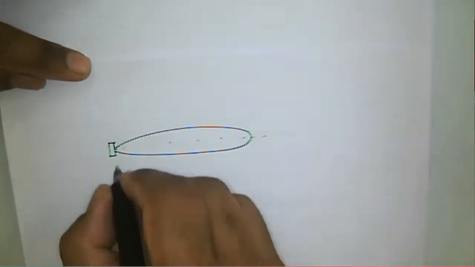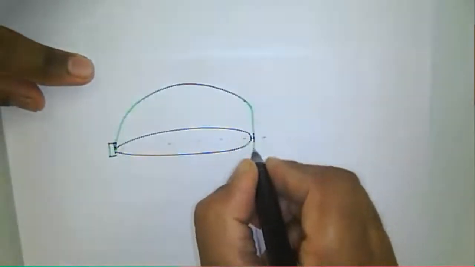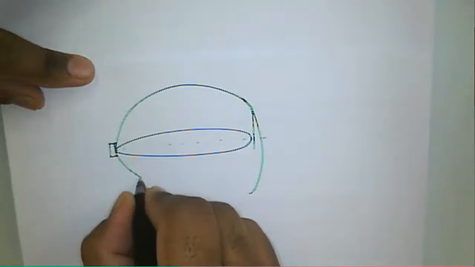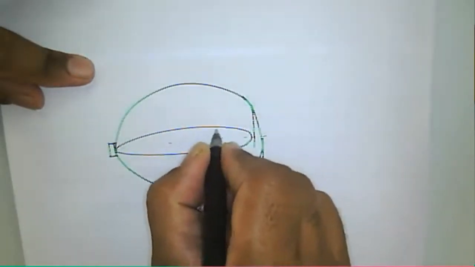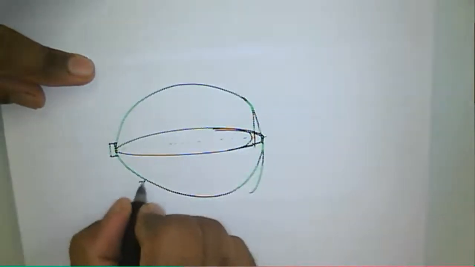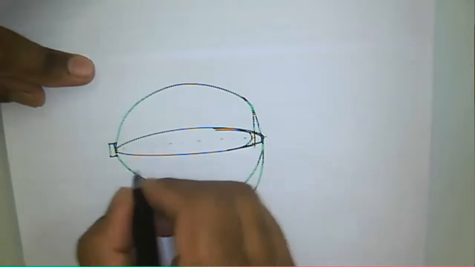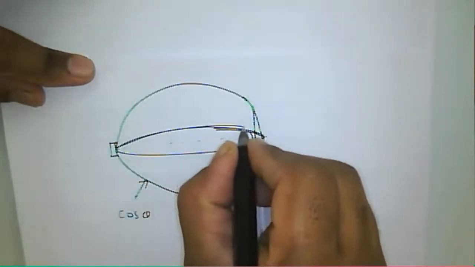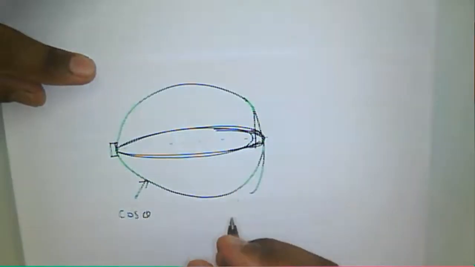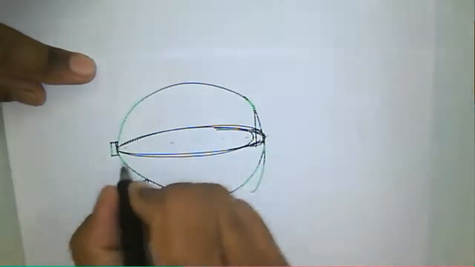If you see the cos of theta function, we get maximum radiation in the given particular direction.